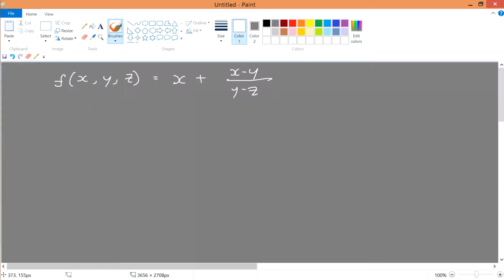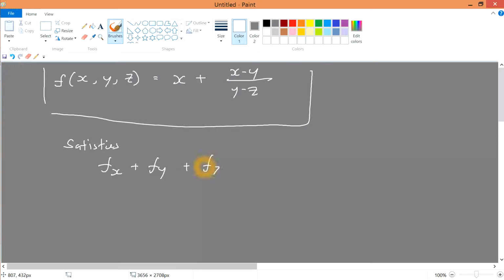So this is a function of x, y, and z. You have to prove that this function, this whole chunk over here, satisfies fx plus fy plus fz is equal to 1.